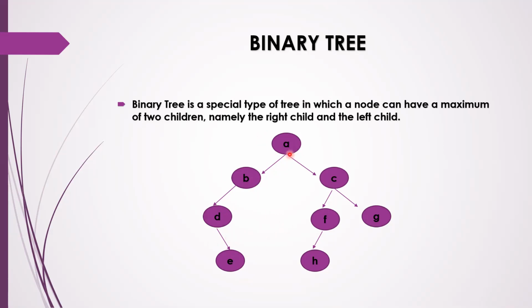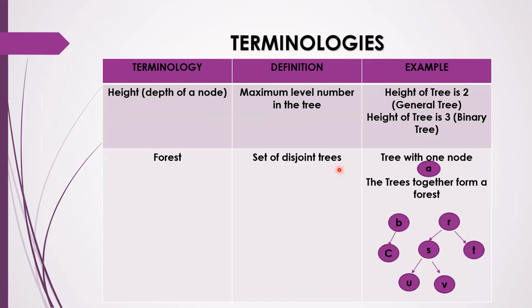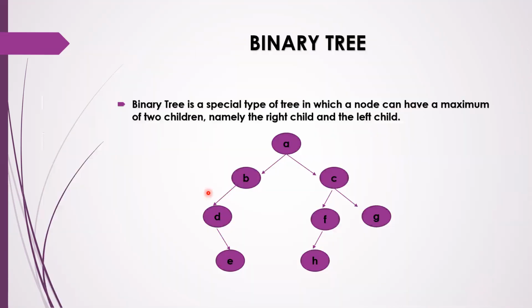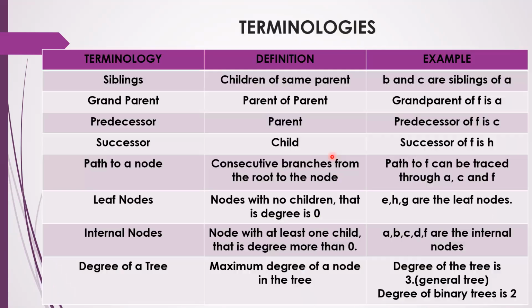So always in pre-order, it's root and then the left subtree, and then only you have to visit the right subtree. In order, first you have to visit the left subtree, and then the root A, and then the right subtree.